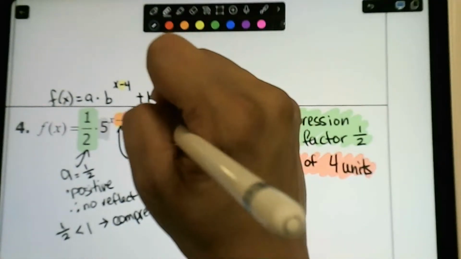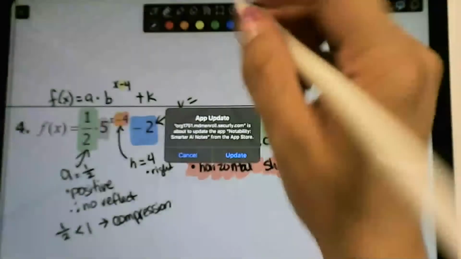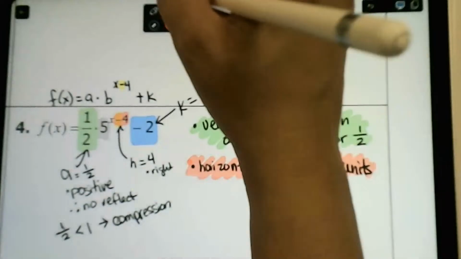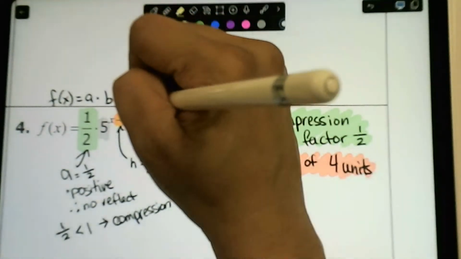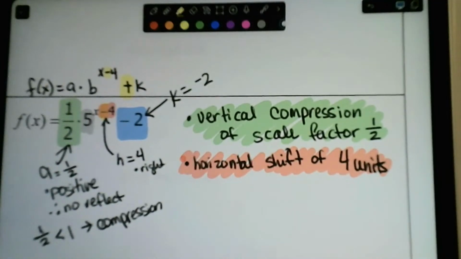And lastly, we look at K. What's the value of K? -2. Again, in order to help you figure it out, you got to look at the sign here in our recipe and then compare it to the sign in the equation we're looking at. If they're the same, it's positive.